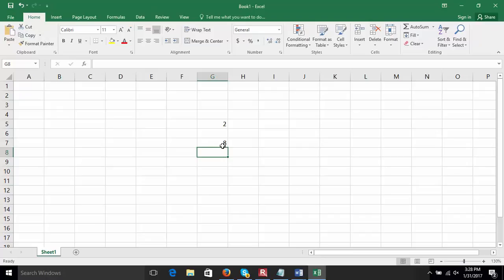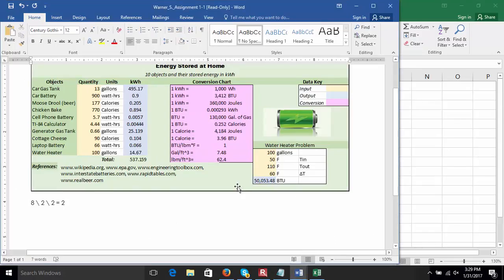So that's very important to keep in mind. Those two formulas are not the same. This one is 8 divided by 2 divided by 2 equals 2. This is 8 divided by 2 times 2, which brings you back to 8. Pretty critical, and we'll use this today on our formula entry.